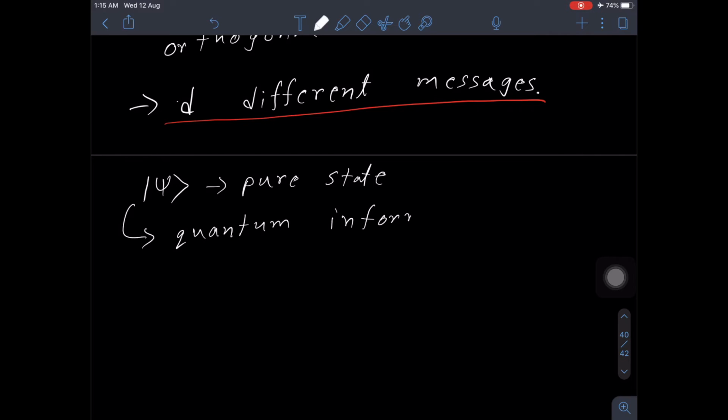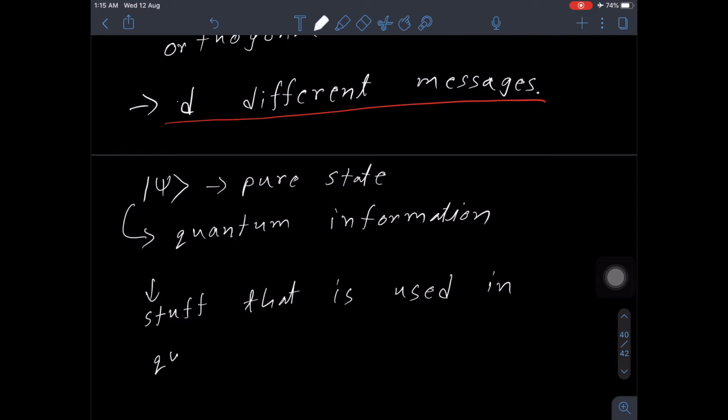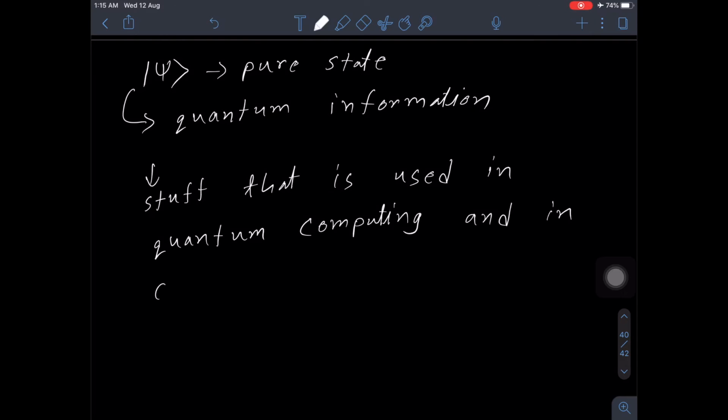Although I don't know precisely what the state is, this is a piece of information because this is the stuff that is used in quantum computing and in communication via quantum channels.